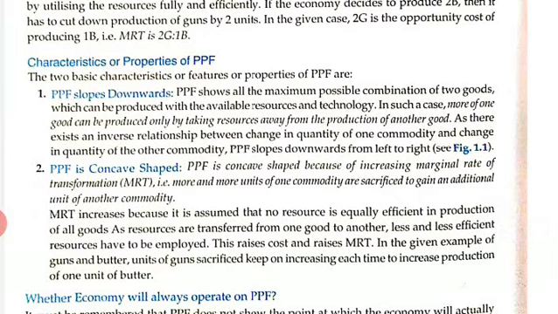In the above example of guns and butter, the units of gun sacrificed keep on increasing each time the production of butter increases by 1 unit. So the two properties of PPF are that it slopes downward and that it is concave in shape.